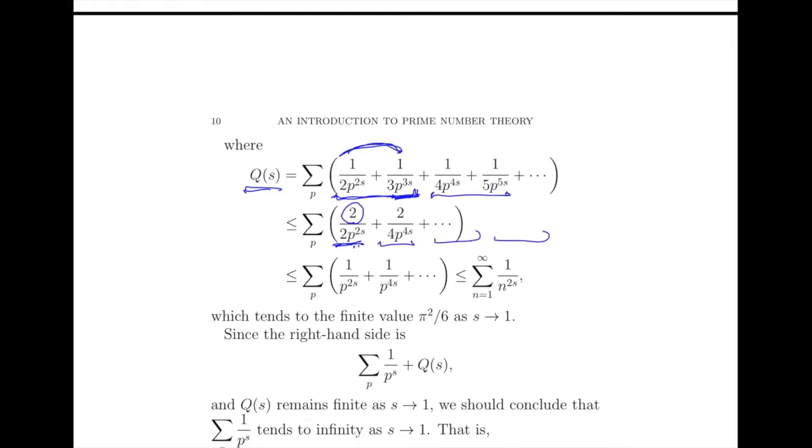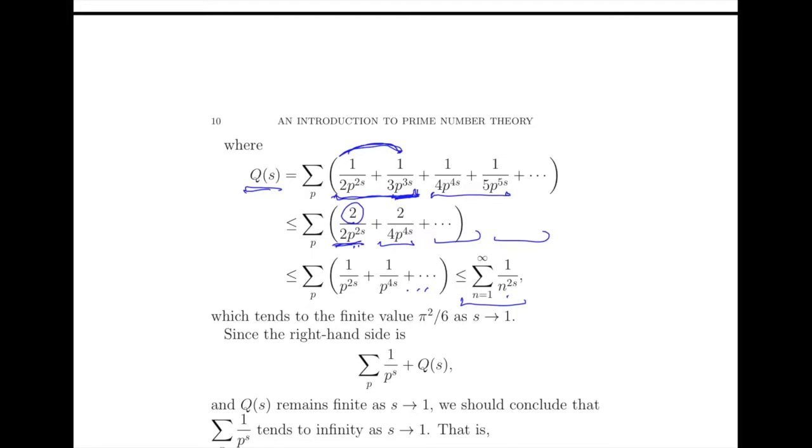And then this is equal to the summation over p of 1 over p to the 2s plus 1 over p to the 3s plus, etc. But obviously, this is less than the summation of 1 over n to the 2s, where n runs over all positive integers.